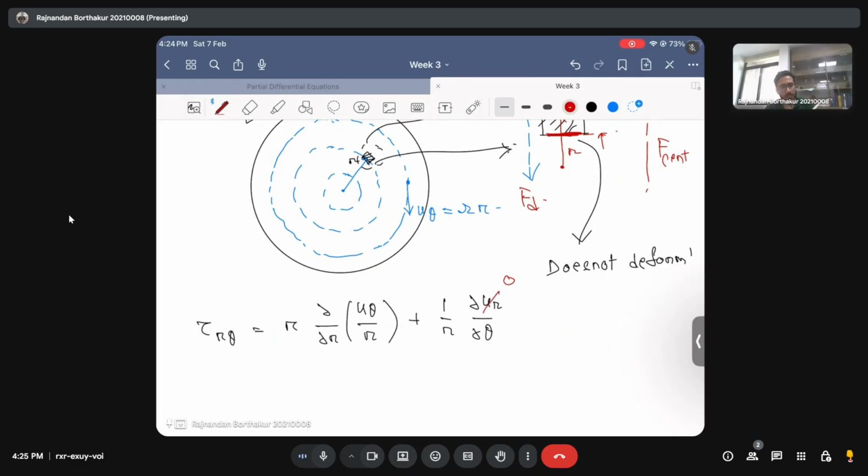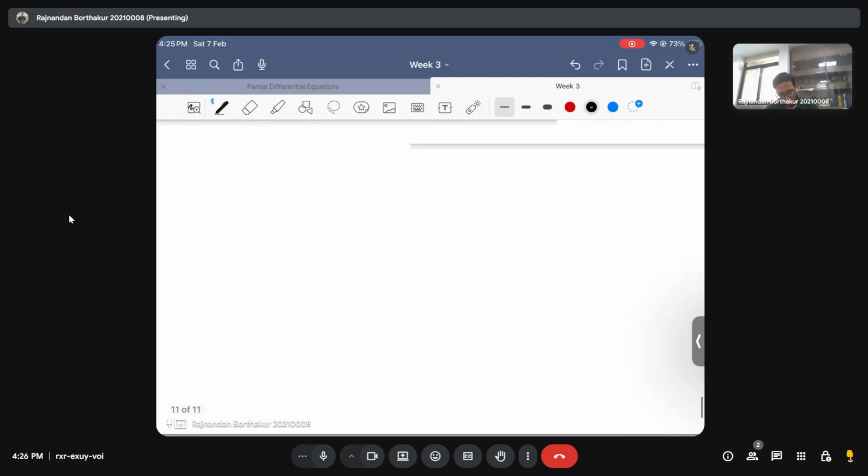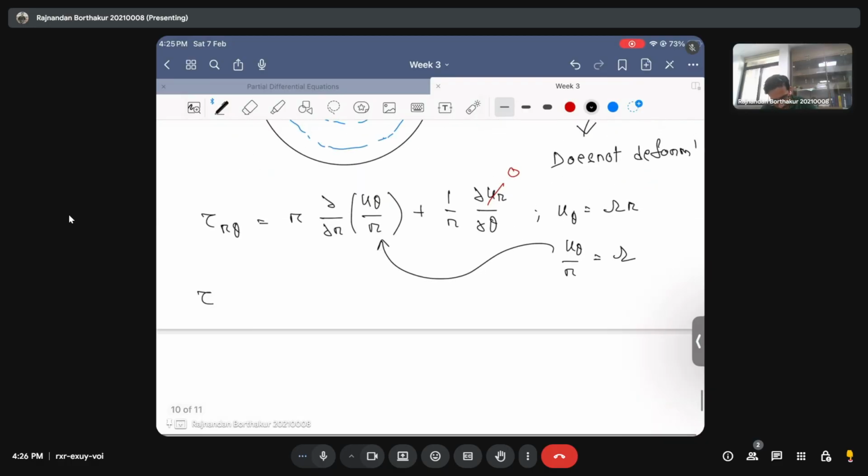I don't have a motion of the fluid in the r direction. But I know that my u theta is just omega r, which means u theta by r is just equal to omega. Substituting it here, tau r theta is equal to r times del r of omega.